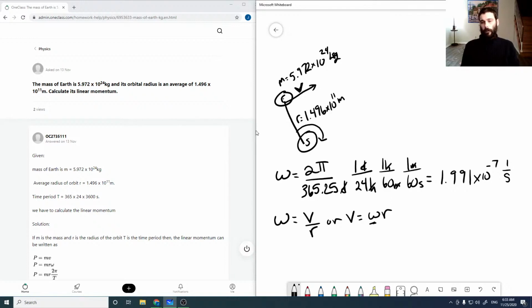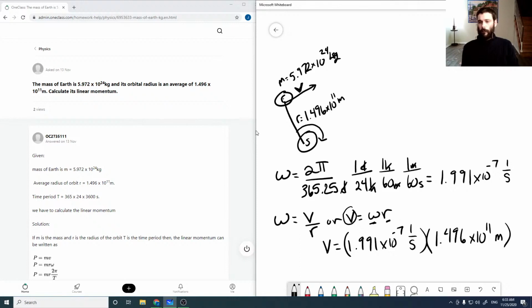So that would be our angular frequency we just calculated, our radius of Earth's orbit, and then this will be our linear speed, or our linear velocity, perpendicular to the orbit. So V is 1.991 times 10 to the minus 7 per seconds times 1.496 times 10 to the 11 meters.